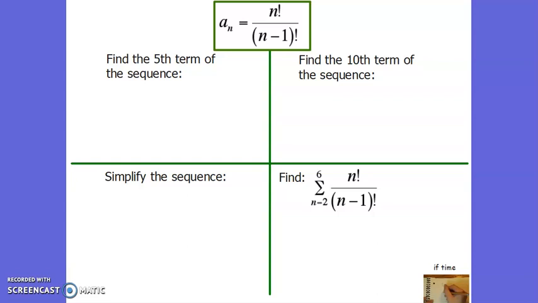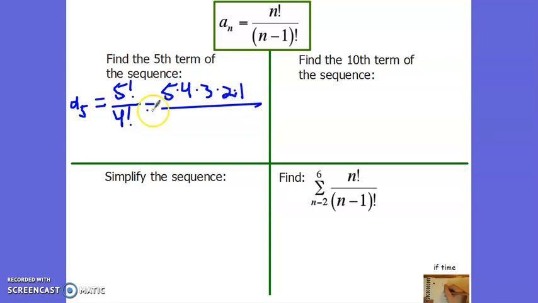When you want to deal with the 5th term of this sequence up top here, a sub n equals n factorial over n minus 1 factorial. If I'm plugging in 5, basically what I'm going to get for a sub 5 is 5 factorial over, well, 5 minus 1 would be 4 factorial. Well, that's really 5 times 4 times 3 times 2 times 1 over 4 times 3 times 2 times 1.